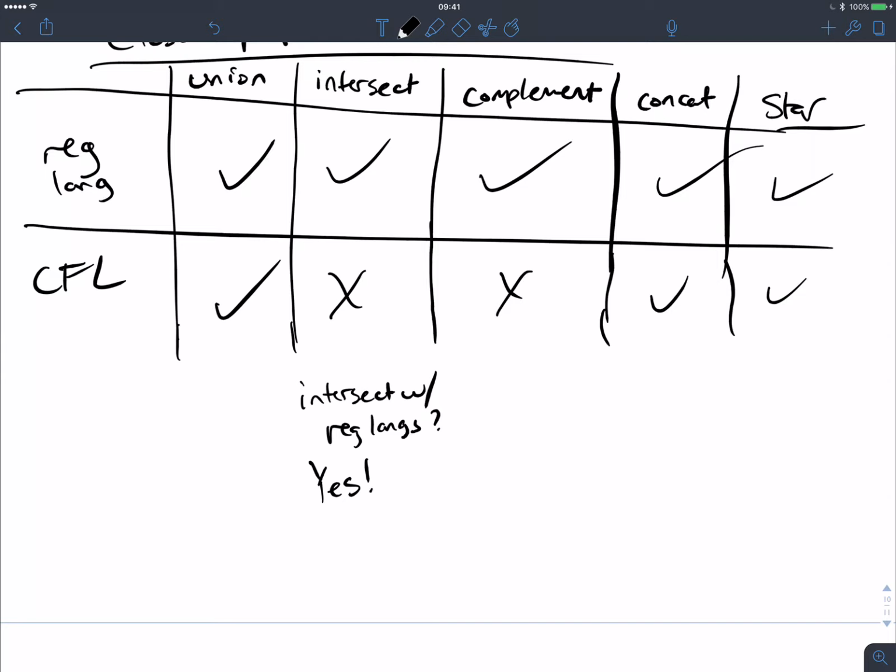Well, you just see what the PDA would have done. Because is a DFA just like a PDA that ignores the stack? So whatever the PDA would have done is just whatever you do on the stack in the product PDA. And then if you work through the details, it actually is the correct PDA.